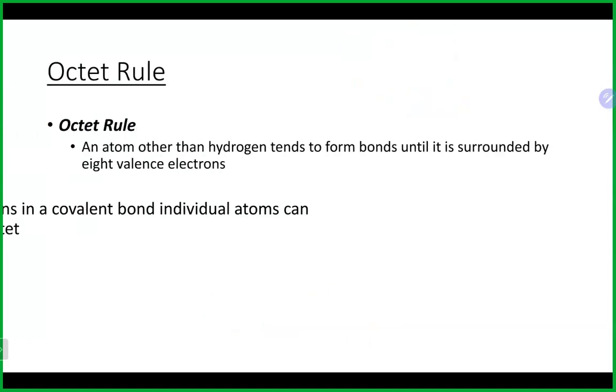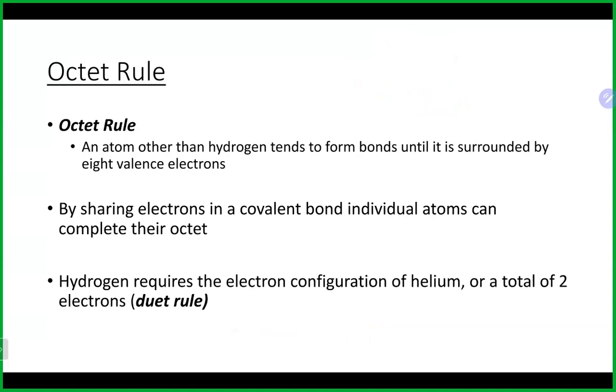So that brings us to what we've been going around. The official name for 8 in bonding is the octet rule. The octet rule means everybody will continue to make bonds until they have 8 valence electrons around them. They'll just keep on going until they get 8.